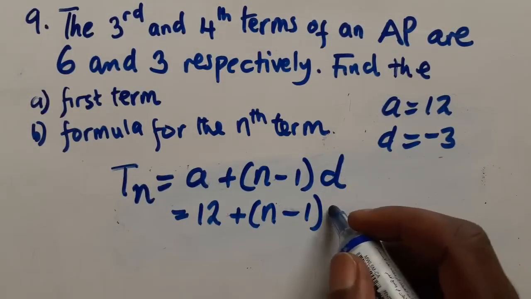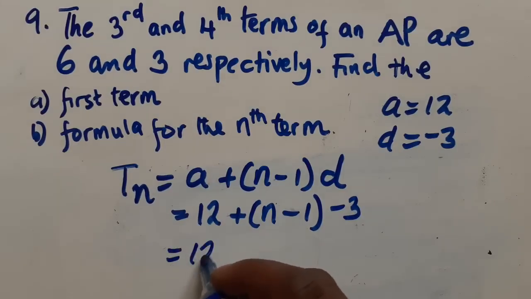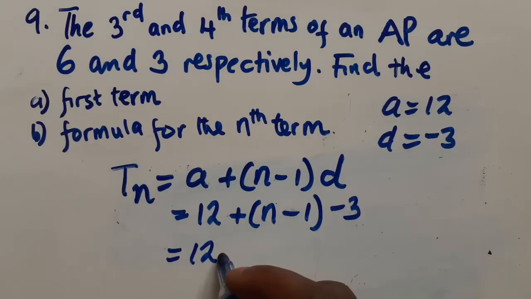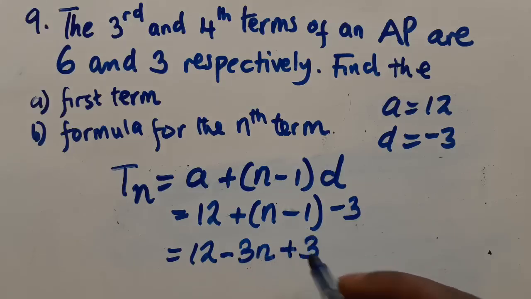All right, our common difference is negative 3. So we distribute now. So I have 12. You are multiplying each one of these terms by negative 3. So we're going to have minus 3n plus 3. Okay?